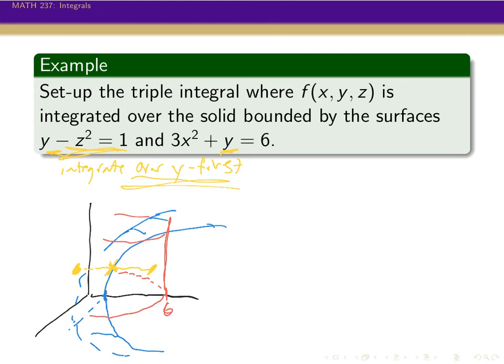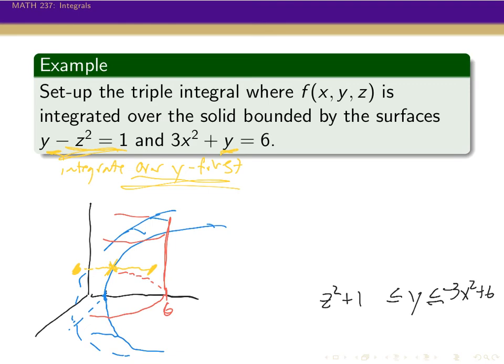So y minus z squared equals 1 is going to be our inner surface, and 3x squared plus y equals 6 is going to be our outer surface in terms of y. So our bounds for y are going to be z squared plus 1 going up to minus 3x squared plus 6.